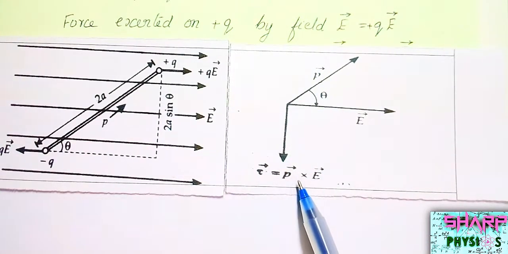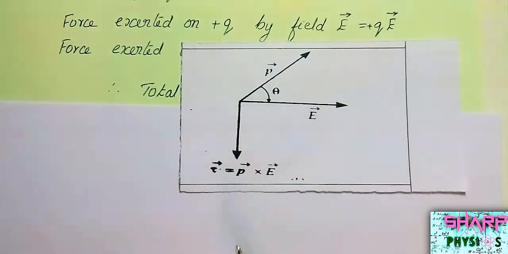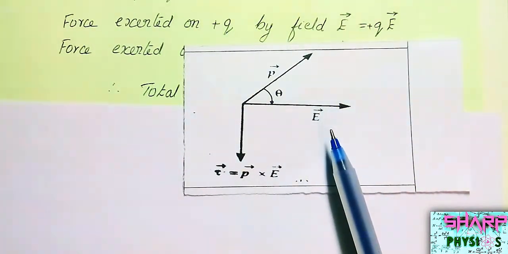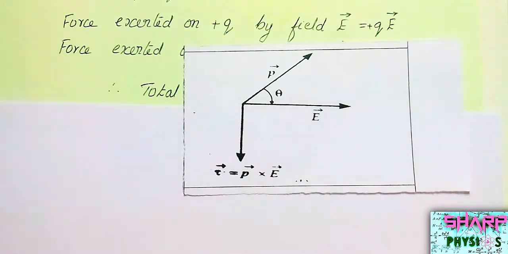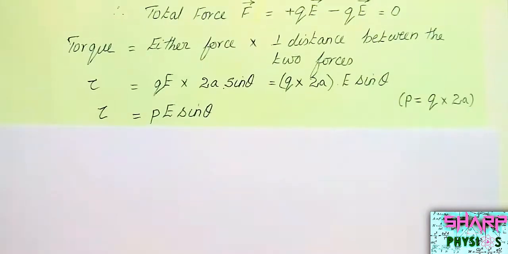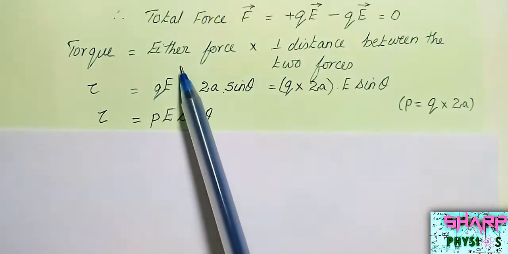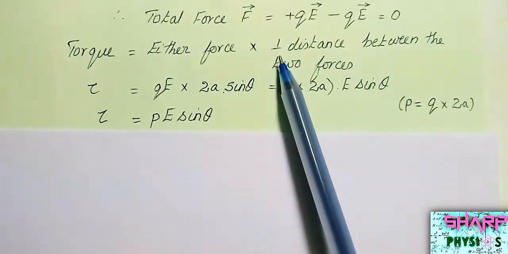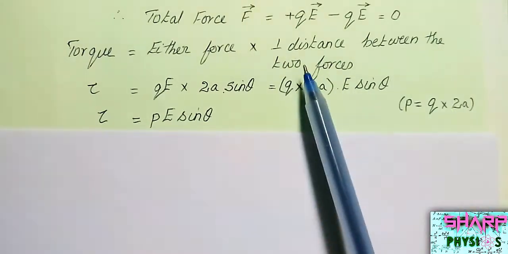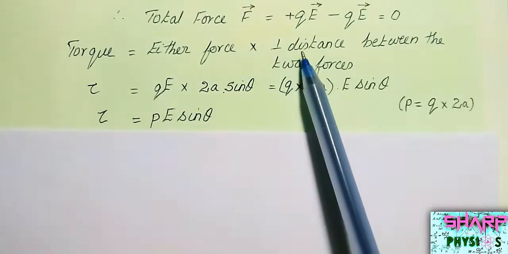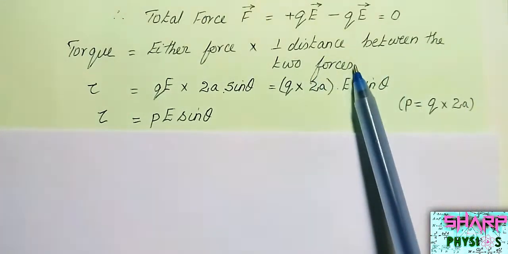So torque is equal to P vector cross E vector. This is calculated by means of the right hand screw rule. So torque is equal to either force into the perpendicular distance between the two forces.